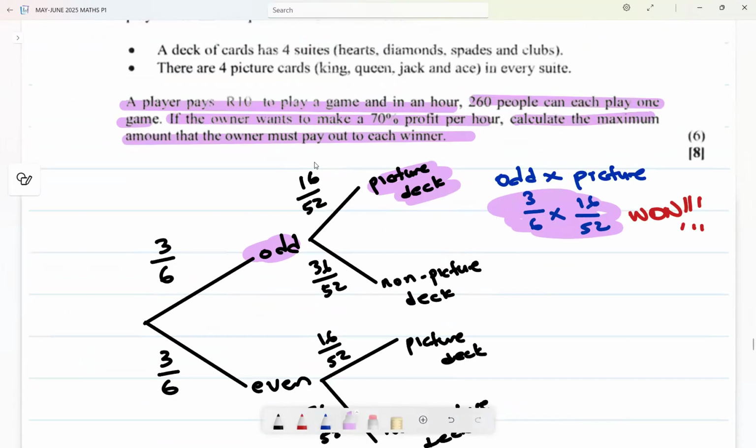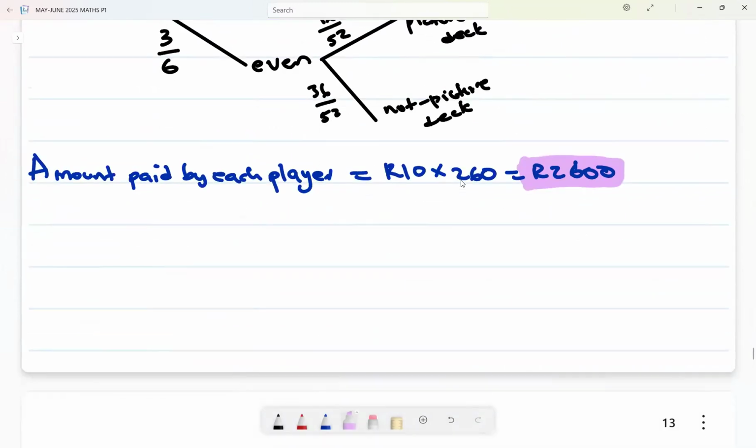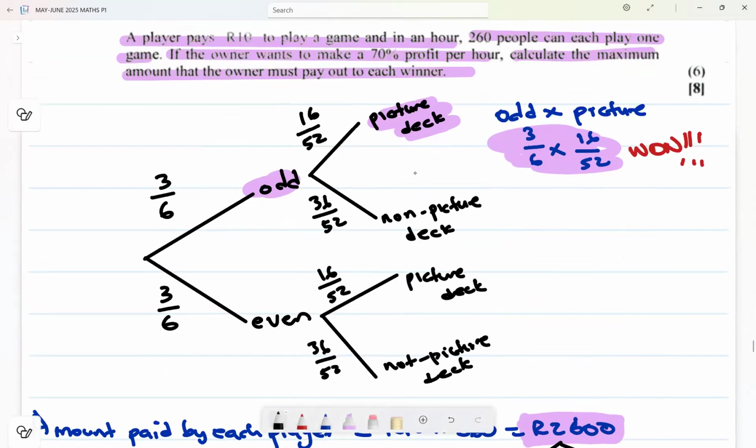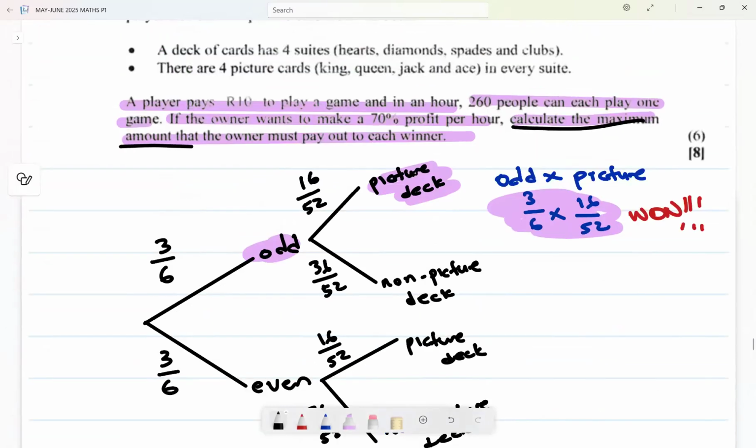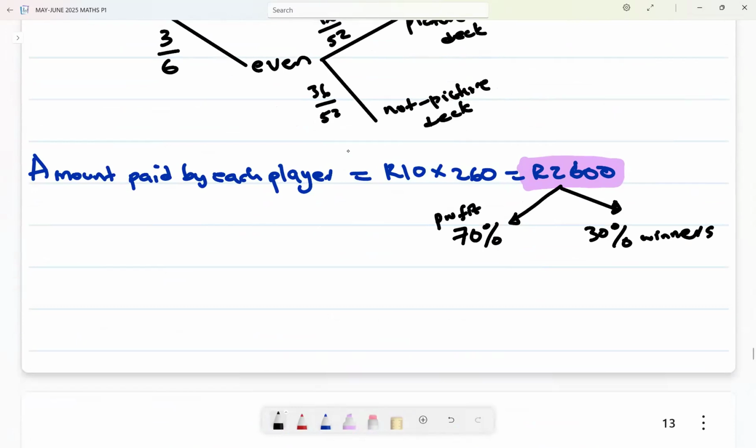But now we are told that the owner wants to make 70% profit per hour. So the owner wants to make a profit of 70%. And then where is the other 30%? The other 30% goes to the winners, basically. So they say calculate the maximum amount that the owner must pay out to each winner so that he makes a profit of 70%.